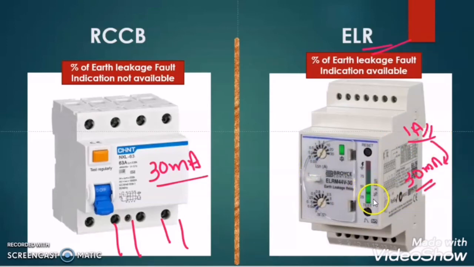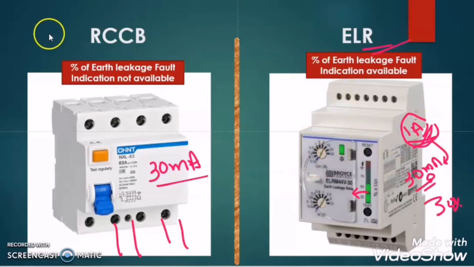But the ELR will show how many percent of its preset value the earth leakage fault current in the system is. For simple calculation, I will take here 300 milliampere. So 300 milliampere is 30% of 1 ampere. So in this bar indicator, it will show that the earth leakage current in the system is 25 to 30% of the set rating.